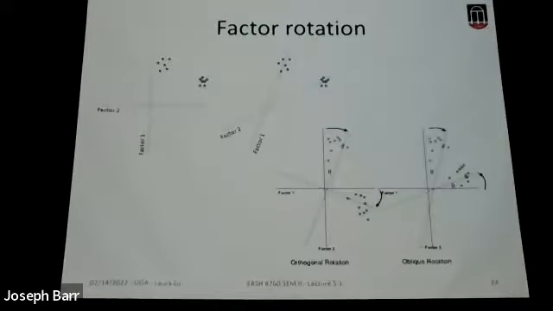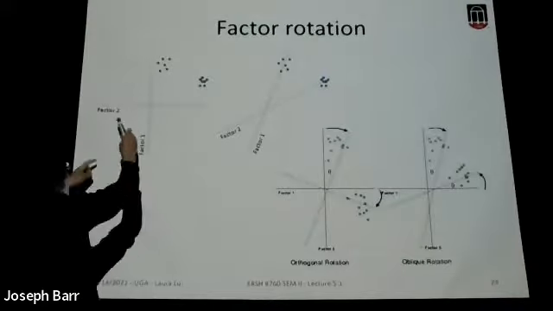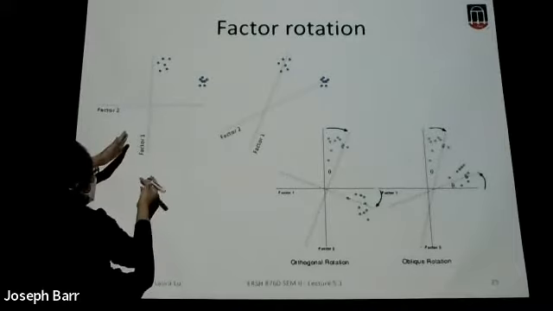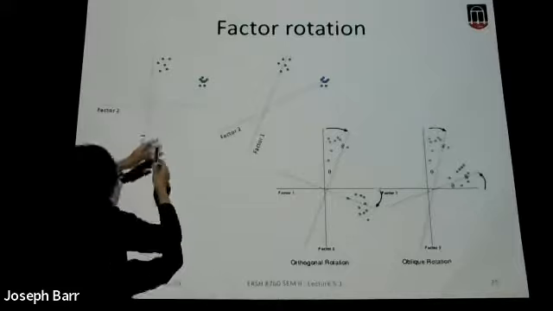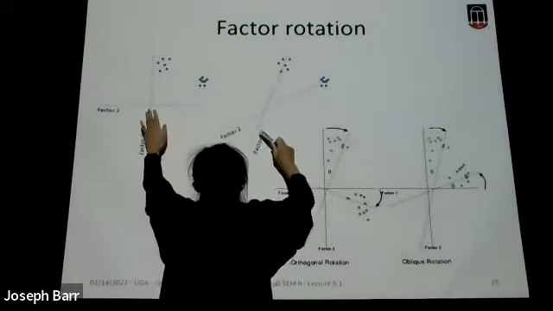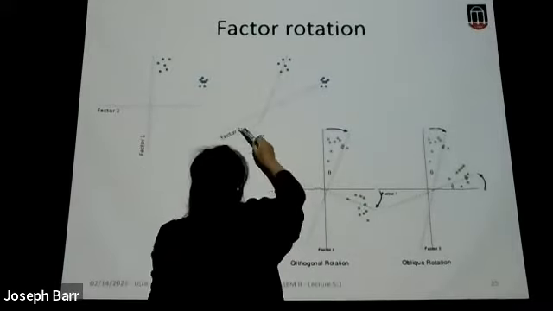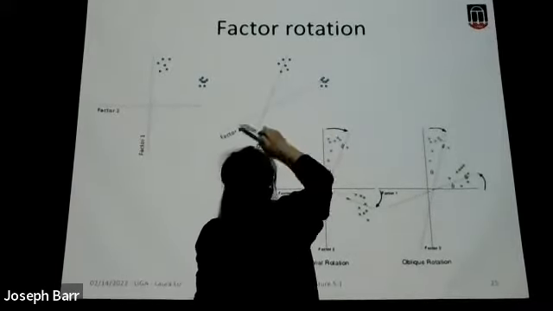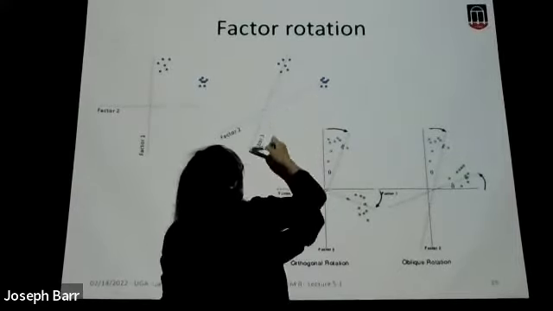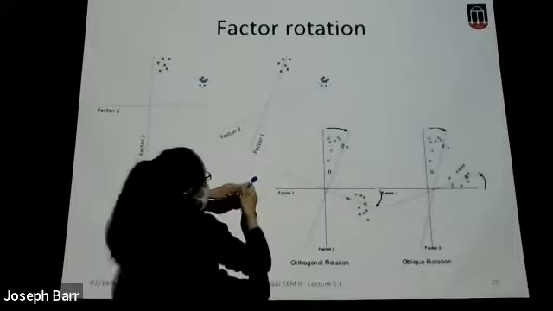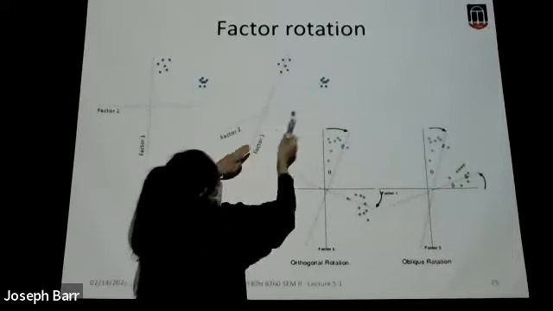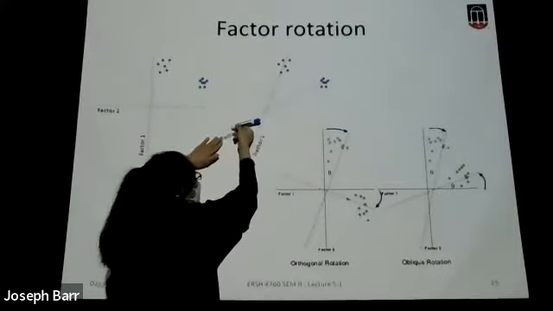For example, in this case, this is not a good interpretation. So we're trying to have this case. From here to here, all the dots are located on factor 2, and all these dots are located on factor 1. So you can explain that: this can be explained by factor 1, and this can be explained by factor 2.